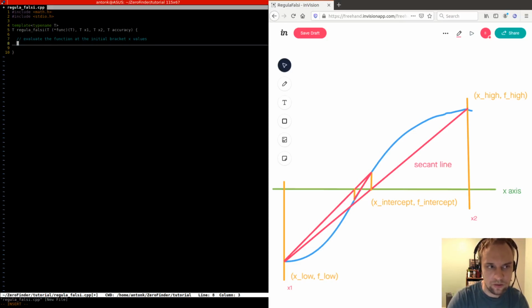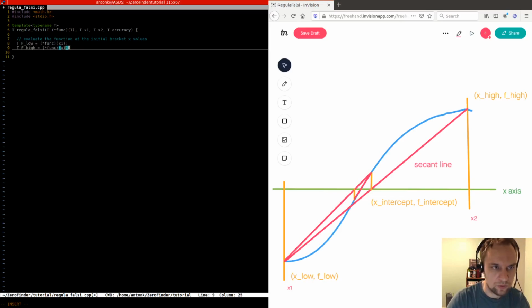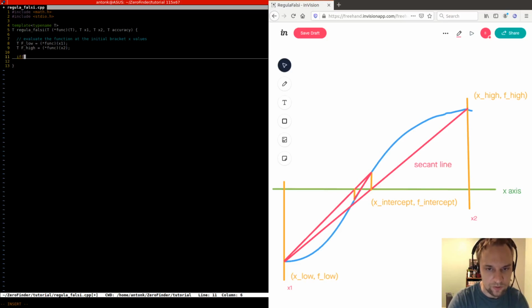Okay. So we're going to evaluate f low. It's going to be the value of our function at x1, and f high is going to be the value at x2. So if f low and f high have the same sign, then that's an error.